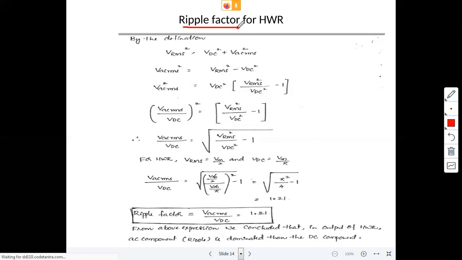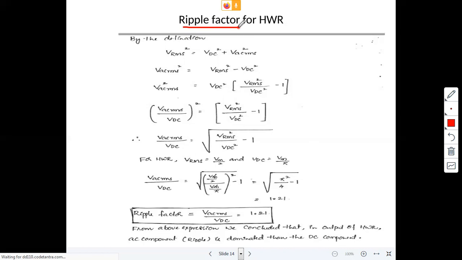Ripple factor indicates how much AC content is available in the rectified output, right? How much ripple means variations in the output signal. How much AC content is available in the half-wave rectifier output is measured with respect to the ripple factor.